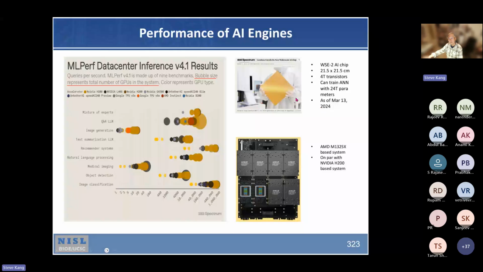It's a tremendous number, isn't it? And this is an AMD MI325 based system, which is on par with the NVIDIA H200 based system. So AMD is competing with NVIDIA. NVIDIA is doing very, very well, but AMD is also doing very well. These days, Intel is not doing as well, but they try to catch up.